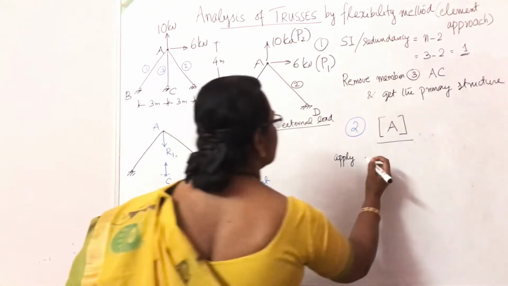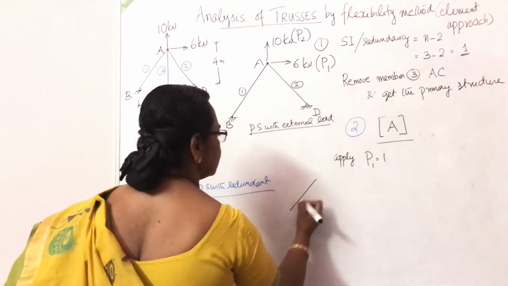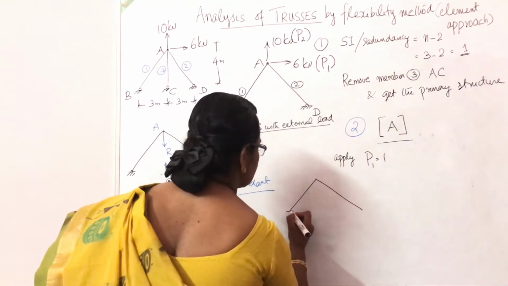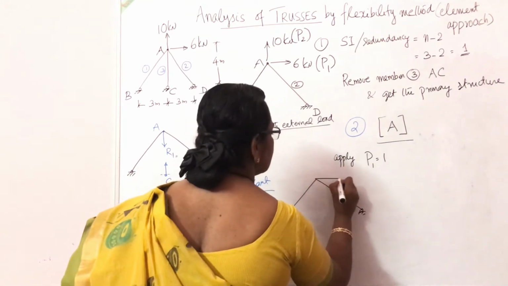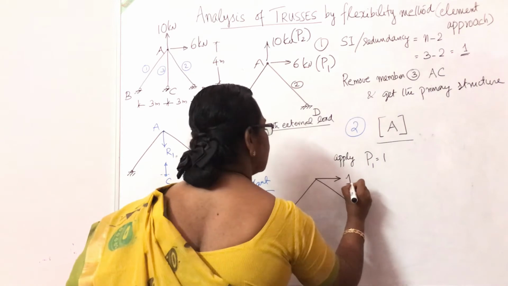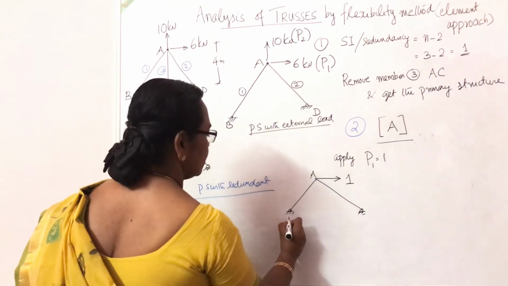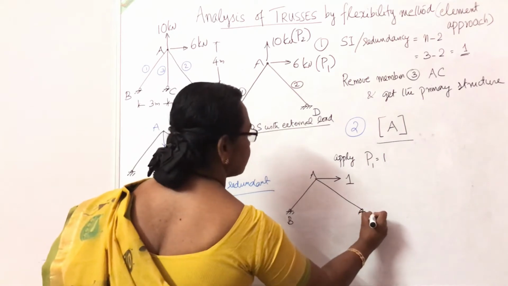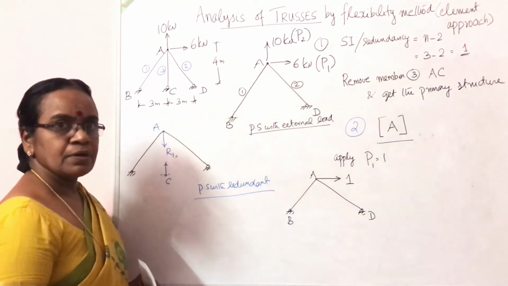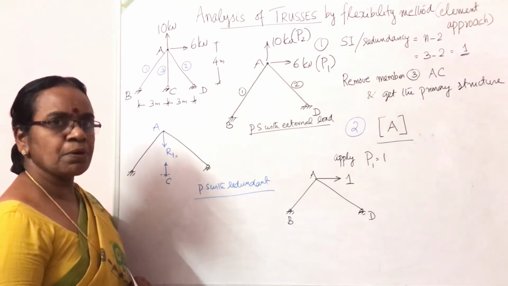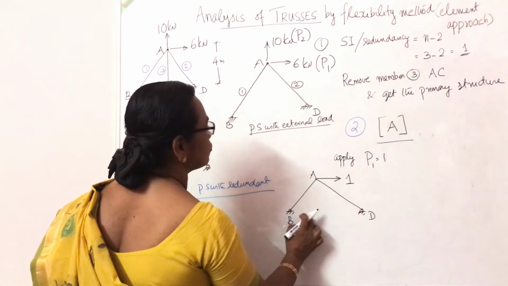So apply P1 equal to 1. That means in this statically determinate structure, I am going to give a unit load in this direction. This is A, B, D. You find the force in member AB and the force in member AD. There are only two members, so using sigma V equals 0 and sigma H equals 0, we can find the forces in these two members.